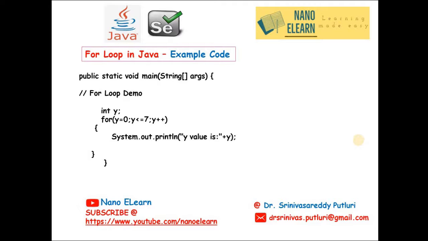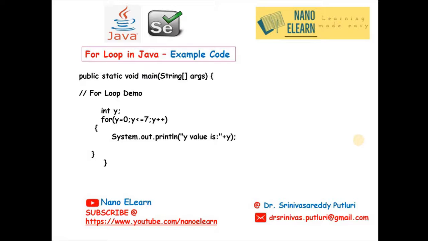As I just explained, I have initialized a variable say y. I have considered the value as 0 as the initialization value, and then I am giving the condition y less than or equal to 7 followed by the increment operator y++. Here I am printing the value of y in every iteration.